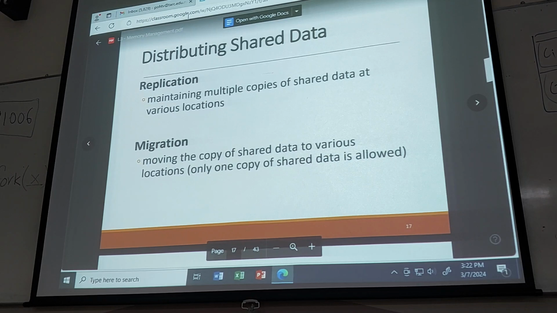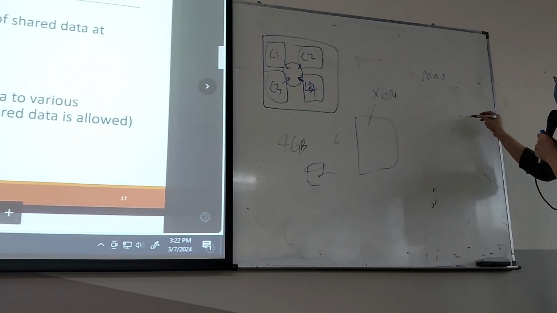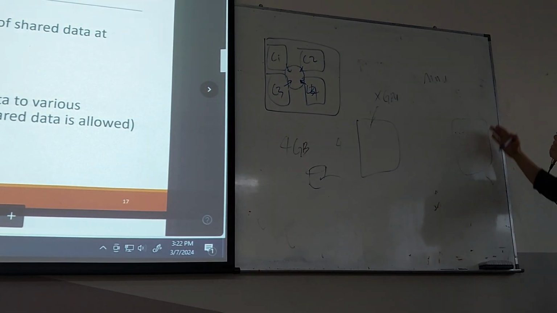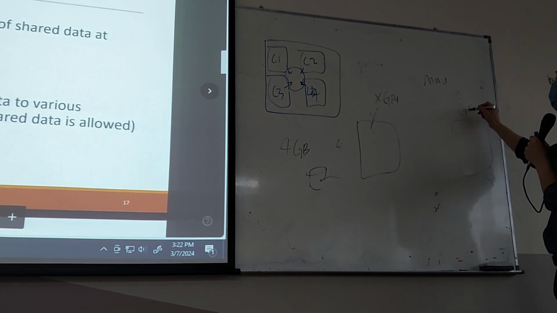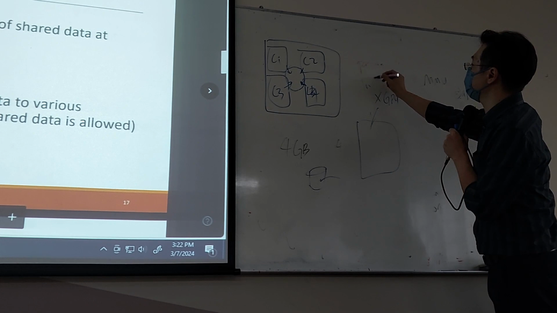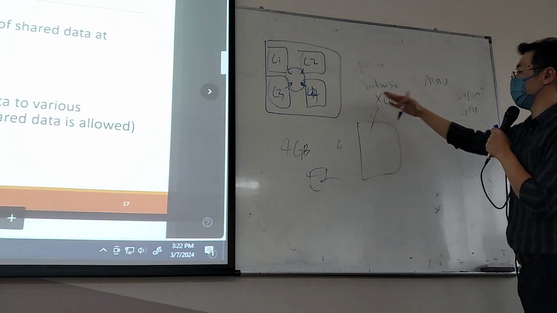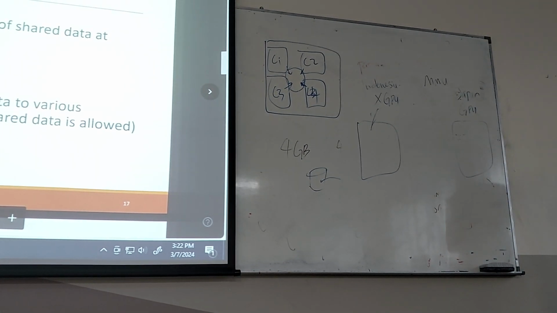Suppose this is my computer, I invested a lot, and it has no GPU in it. And this is another computer, another server farm somewhere else, and it has GPU. Maybe this one is in Japan, this one is in Indonesia, for example. I have a very large server farm here, and a very large server farm here.